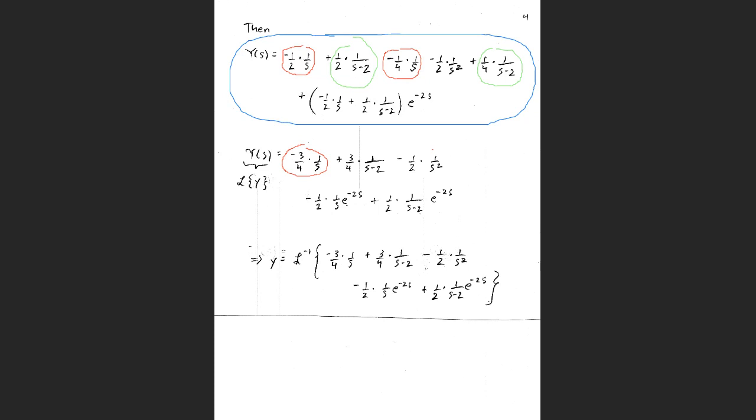That'll equal 3/4 times 1 over s minus 2. And then, of course, we have the negative 1/2 s squared term, and that goes here. And the term on the second line, I just expand that out, as you see here, by distributing e to the negative 2s into both terms.